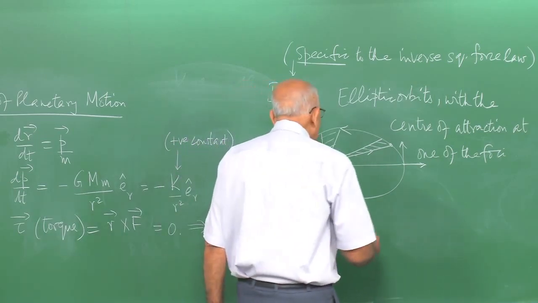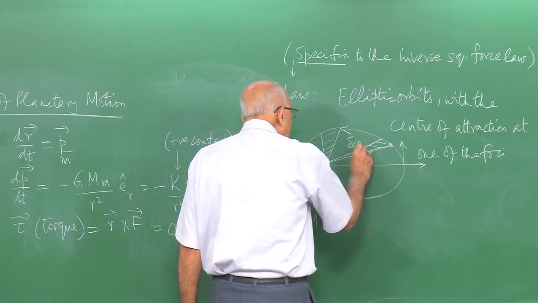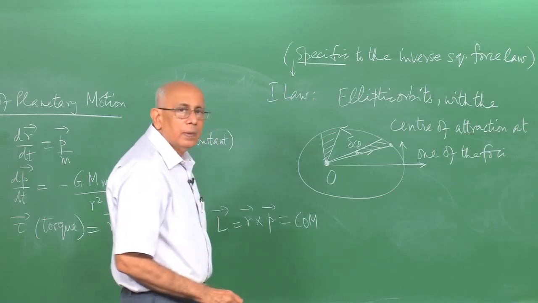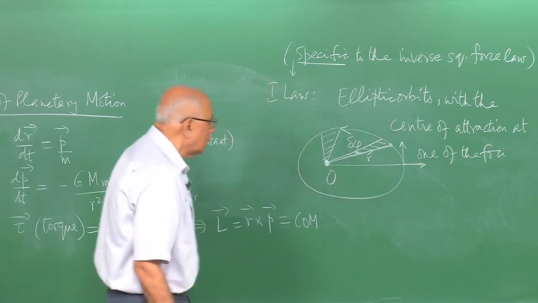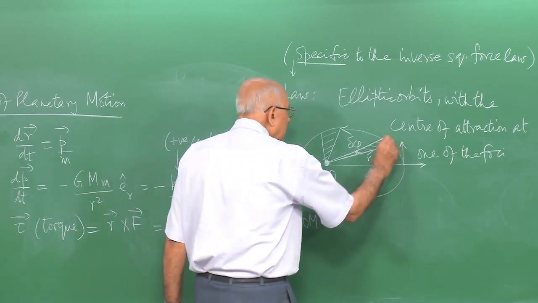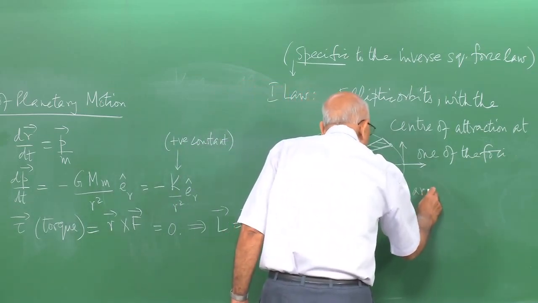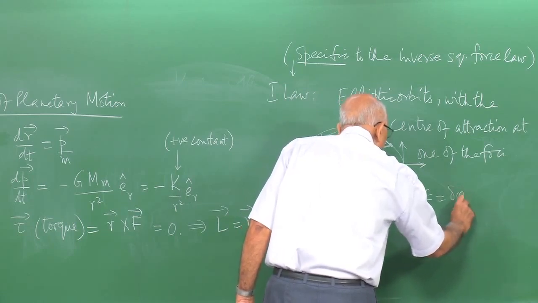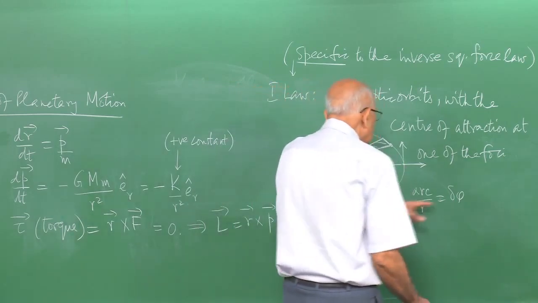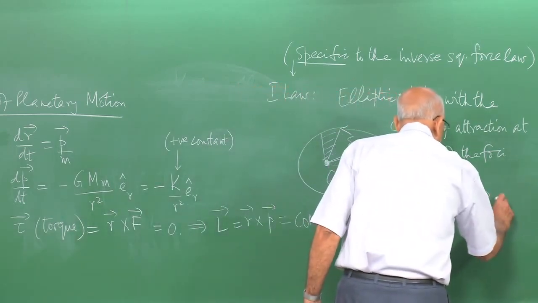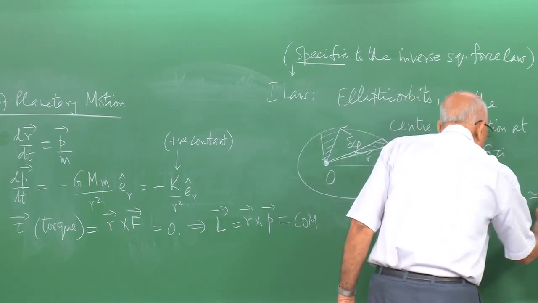If you write it out at any instant of time, if this angle here is delta phi, and this distance is r, then this arc, the base of this triangle, is arc divided by r equal to delta phi. So it says that this arc, or the base, is r delta phi. The base of this infinitesimal triangle is r times delta phi.